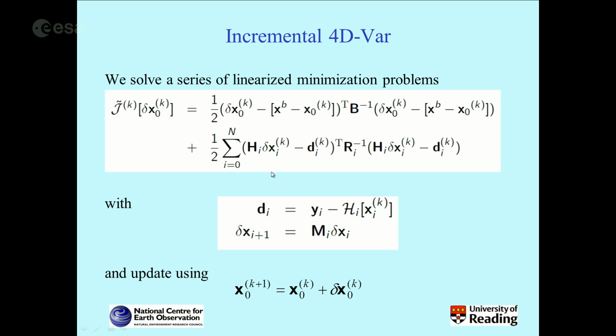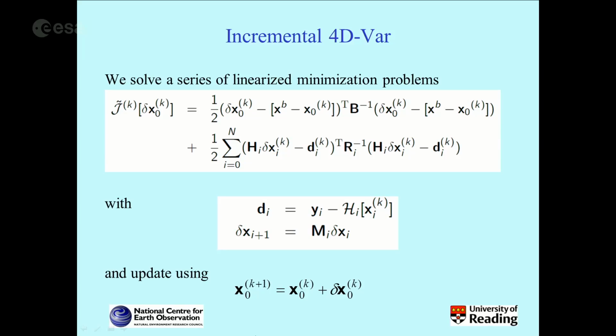And so for each of these intermediate black curves, we have to solve a series of linearized minimization problems where we're solving for delta x, where this d here is measuring the distance between each of those black curves and our observations, and we're just trying to find a small increment to make things slightly better.